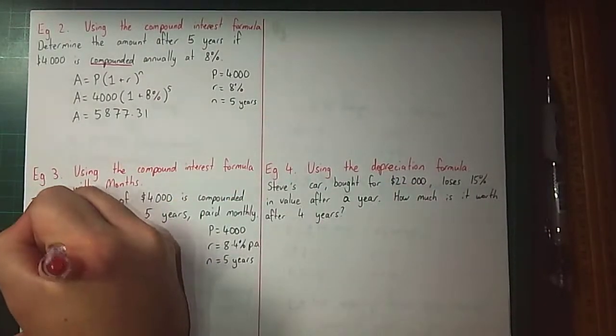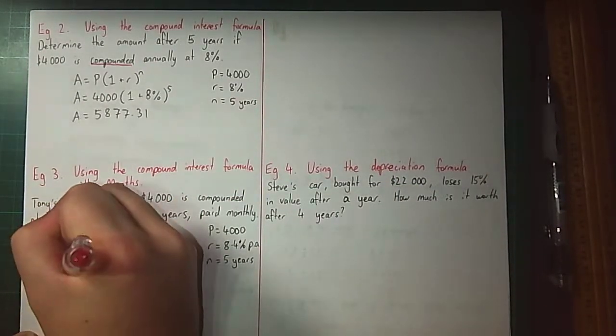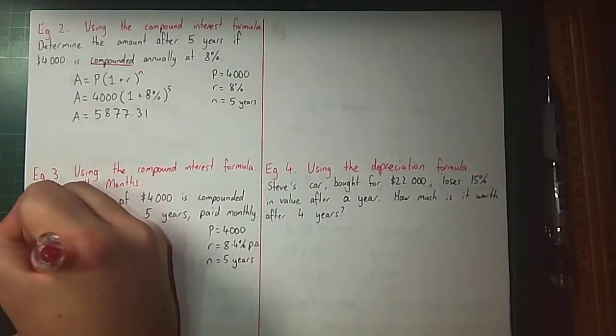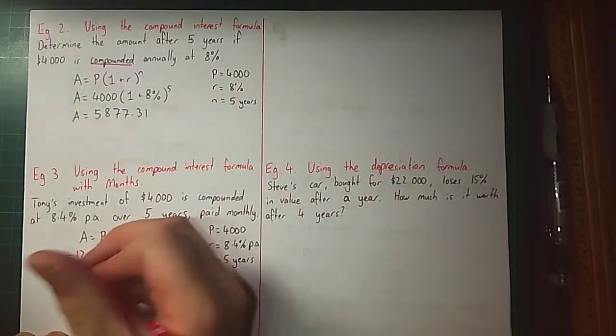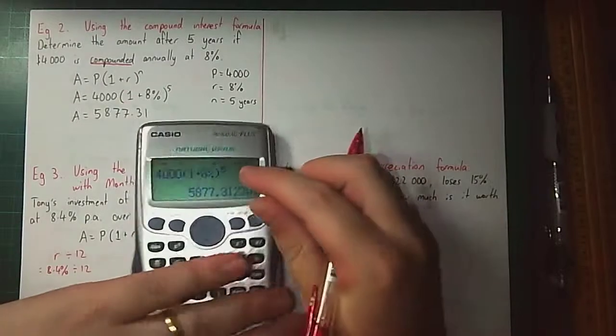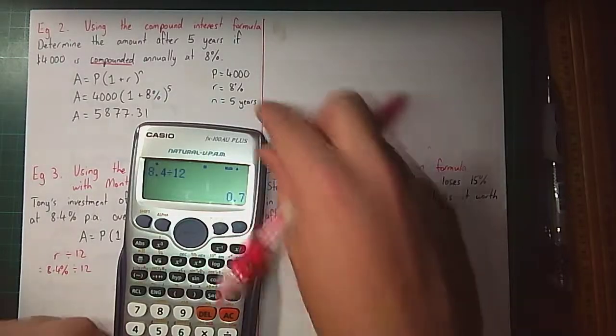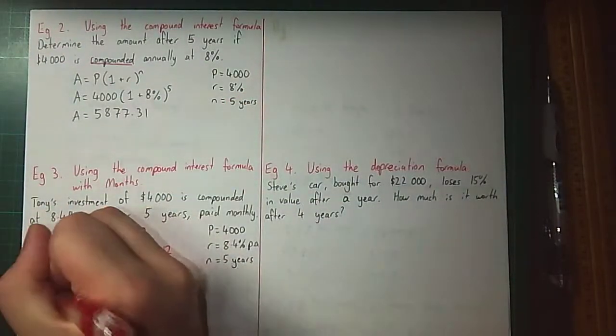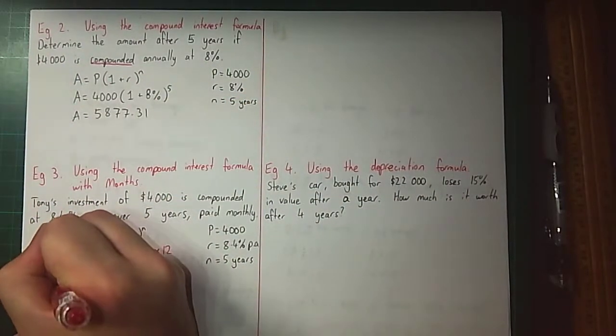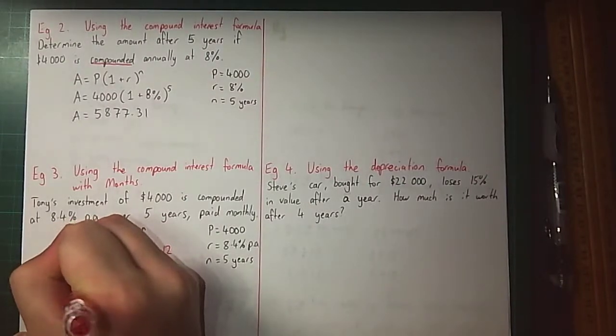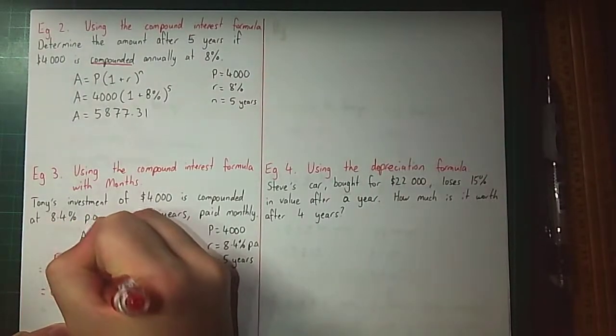So that's 8.4% divided by 12. And if we type that into our calculator, as before, I'm going to ignore the percentage symbol for the moment. 8.4 divided by 12 gives us 0.7. So our rate is 0.7% per month.